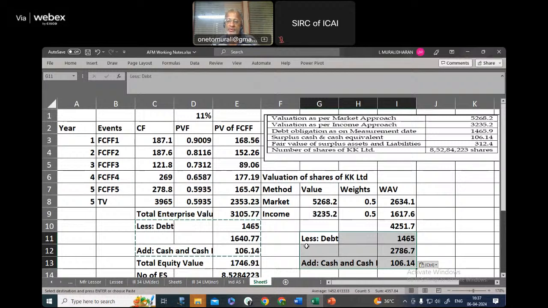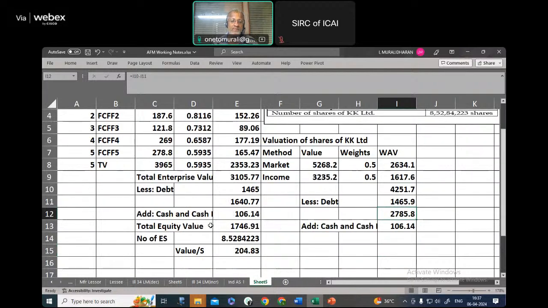debt is same. So here 0.9 and cash equivalent 106 point that.